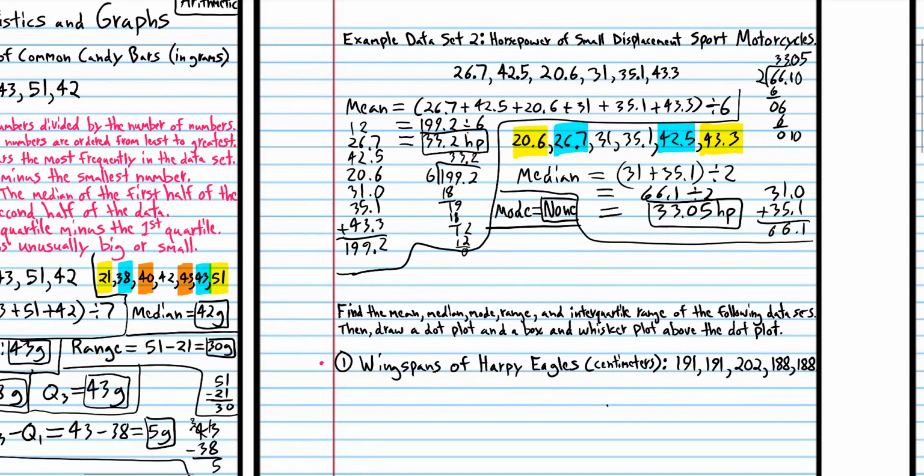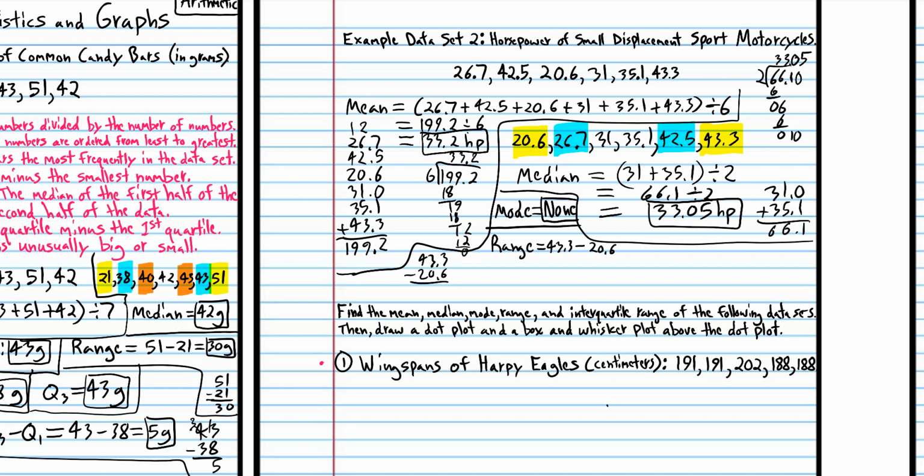All right, now we have to find the range. The range is equal to the biggest value, which is 43.3, minus the smallest value, which is 20.6. So we can do that over here: 43.3 minus 20.6. Remember to line up the decimal.